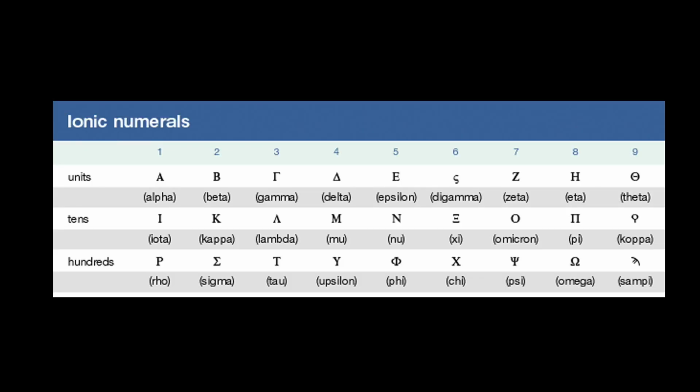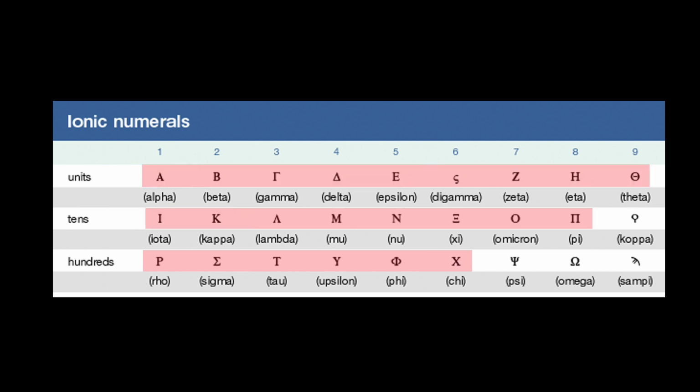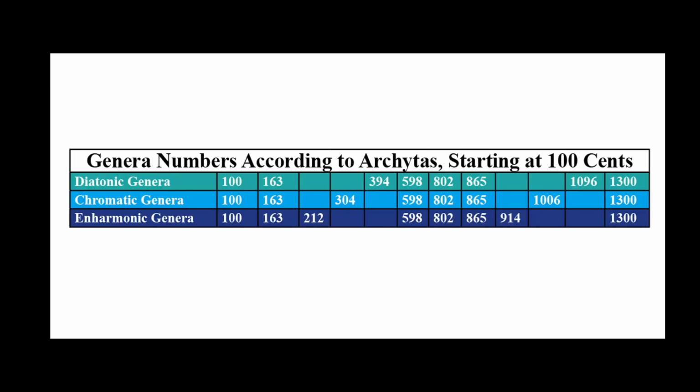The main difference between my BCE table and my CE table for our ears is that the BCE table uses 11 symbols to represent an octave, whereas the CE table uses 22. Ancient writers did speak of 22 symbols being an octave in the CE period.